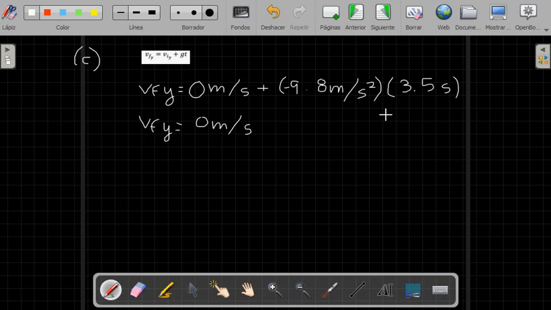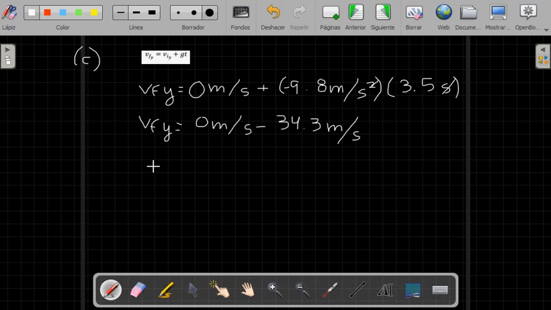Negative multiplied by positive is going to be negative. Okay, 9.8 multiplied by 3.5 is equal to 34.3. What is going to be the unit of this? Okay, 1 second goes with 1 second, but because there was 1 second below, there will be 1 second after all.